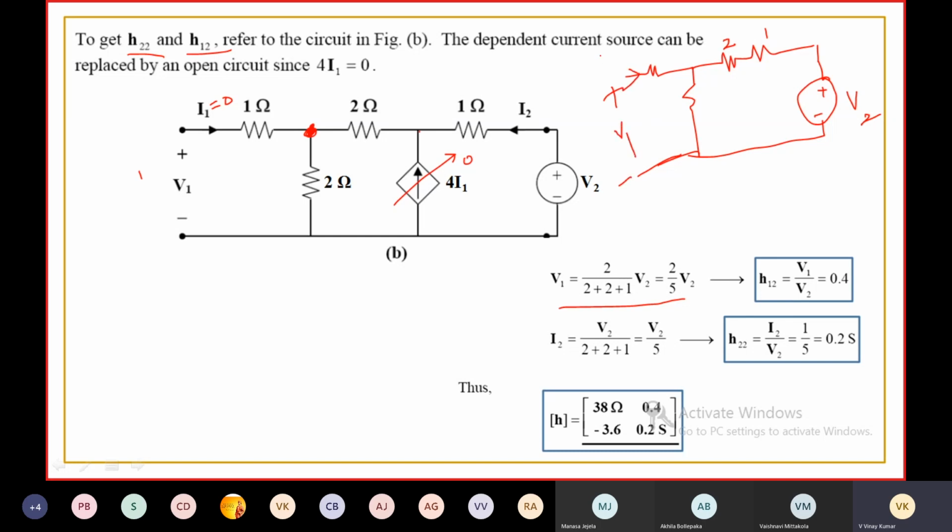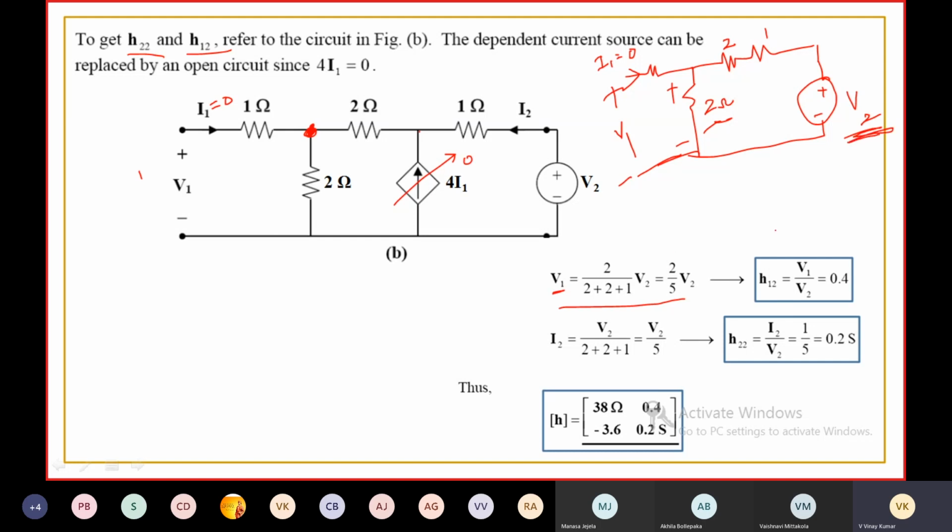The current flowing in this is 0. I1 will be 0. Then V1 is nothing but the voltage across this 2 ohms. So you use the voltage division rule. V1 is equal to 2 by 2 plus 2 plus 1 into the applied voltage V2.